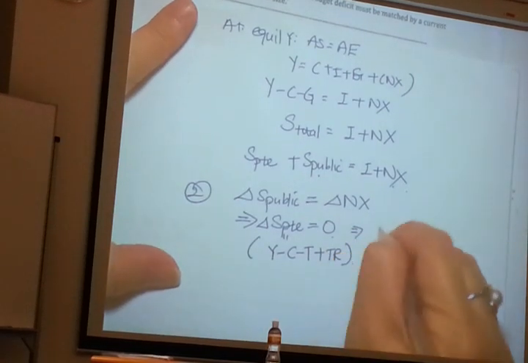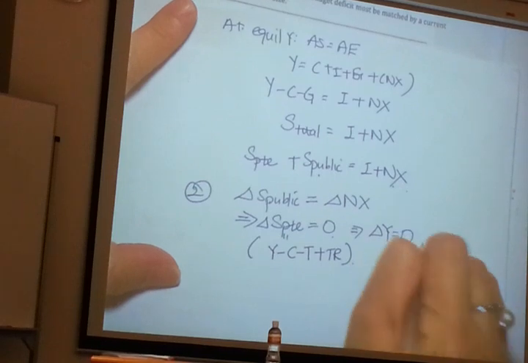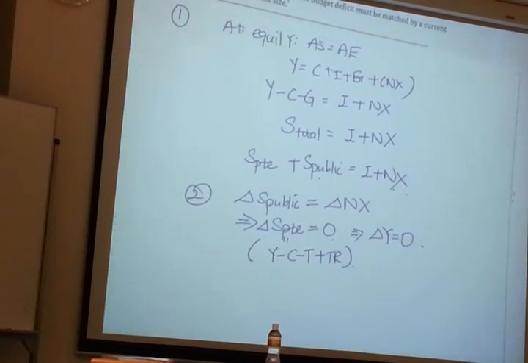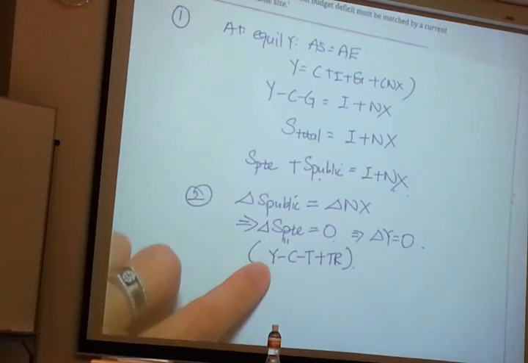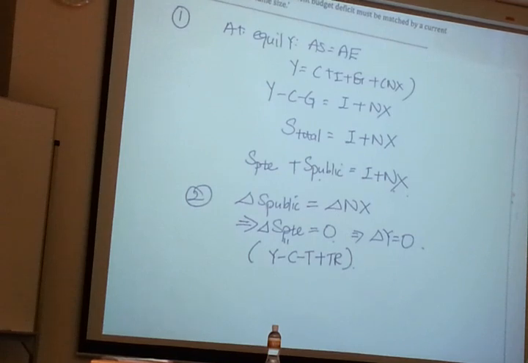Specifically, income to be unchanged. So you must highlight that in your ISLM diagram, the axis that will possibly affect S private is income. So you must make sure in your diagram, the horizontal axis must show income cannot change.